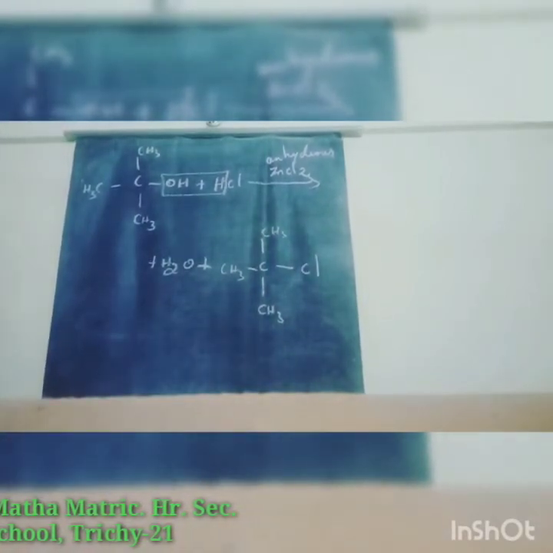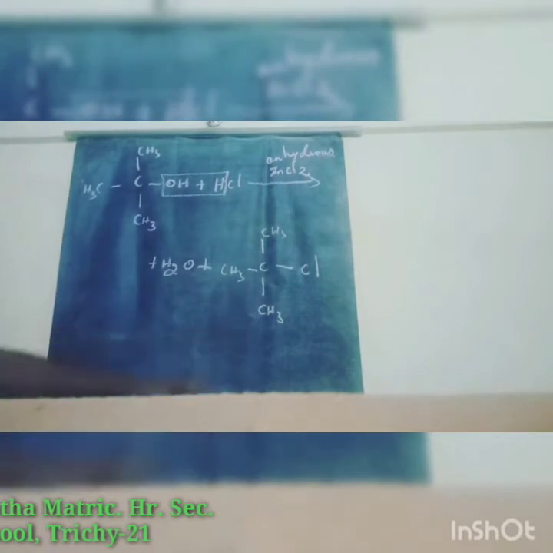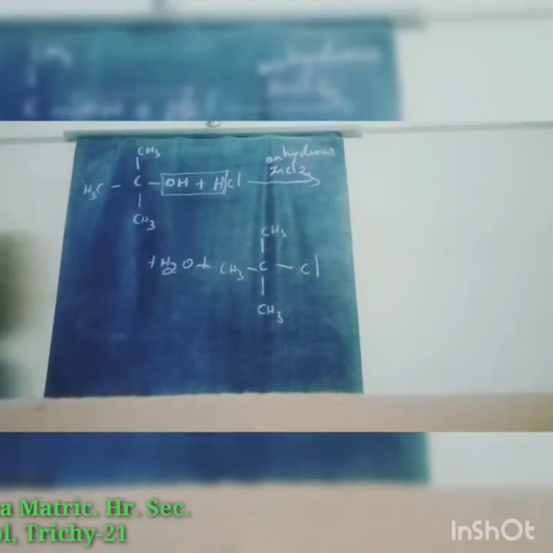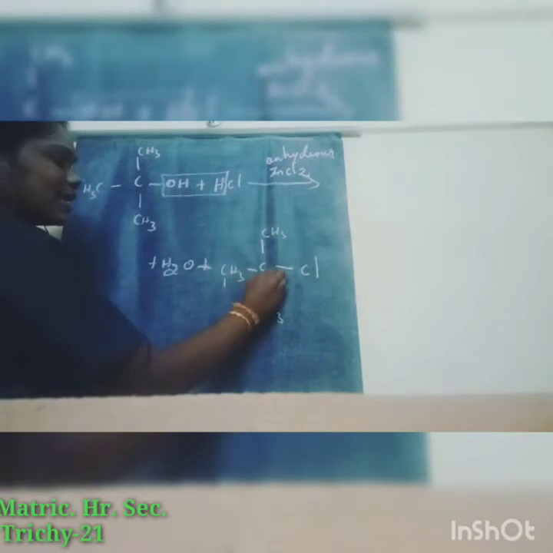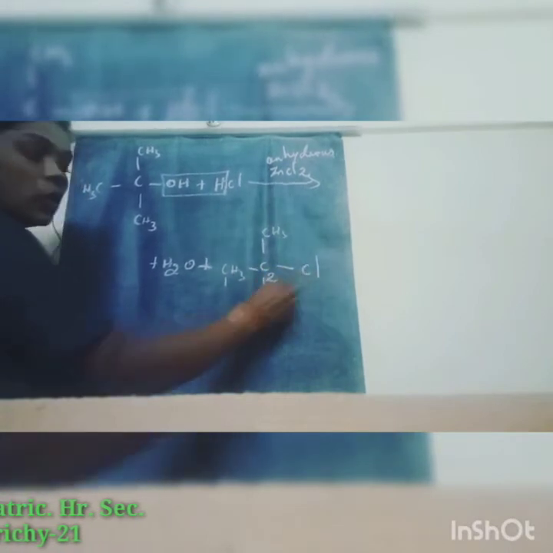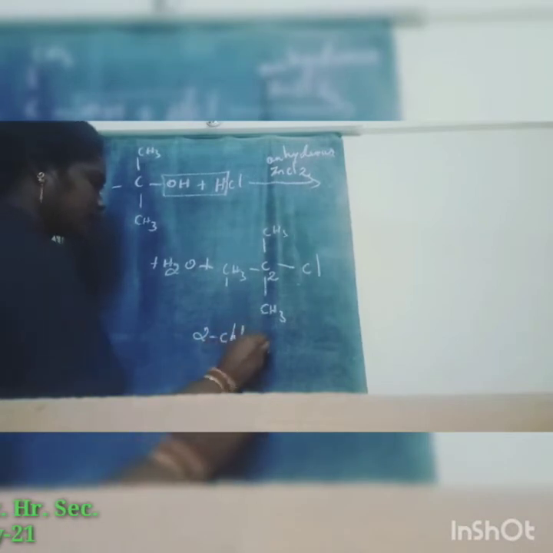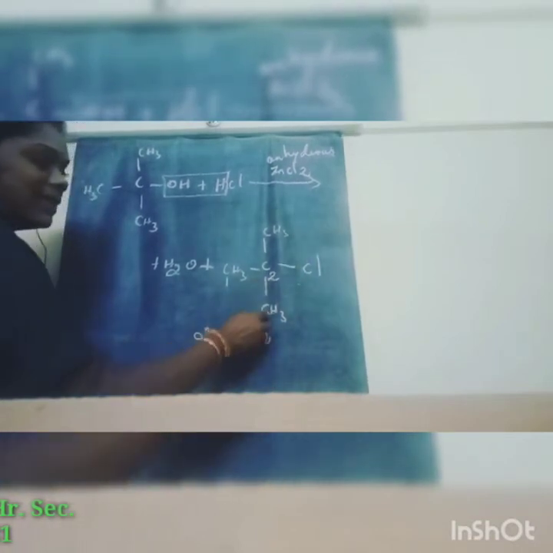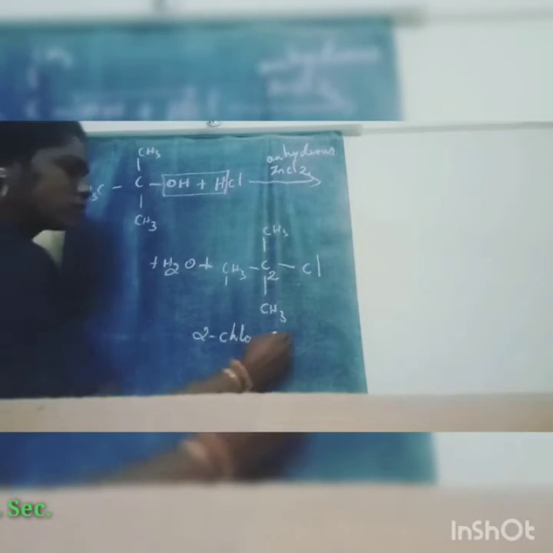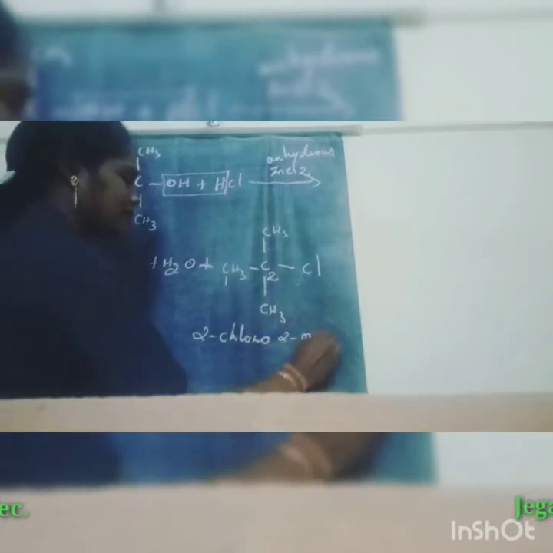So here this one's name is 2-chloro-2-methylpropane. First carbon, second carbon. In the second carbon chlorine is attached, so 2-chloro. In the second carbon a methyl group is also present, so 2-methyl.